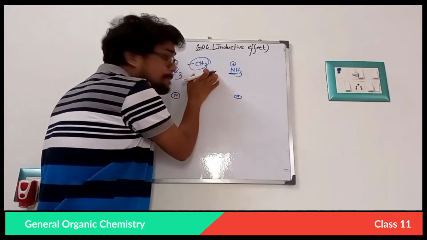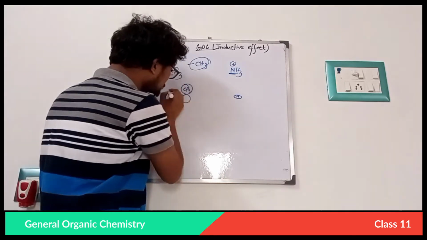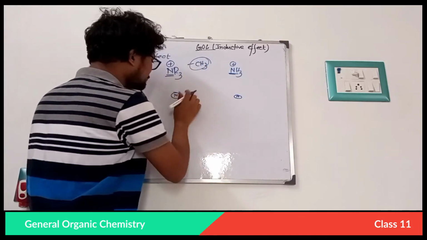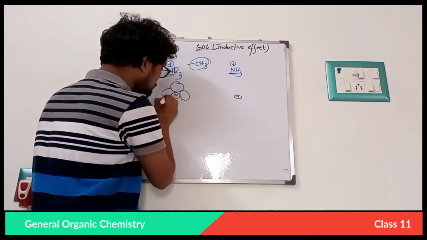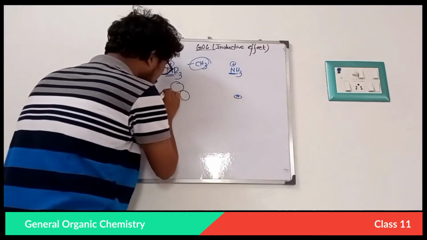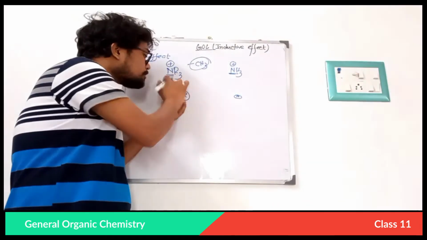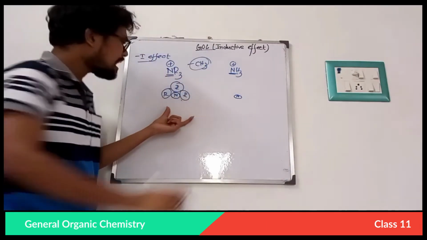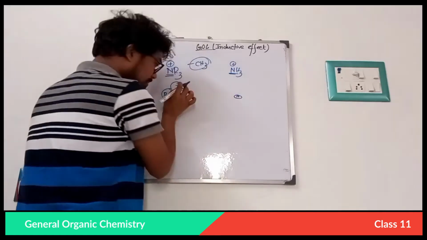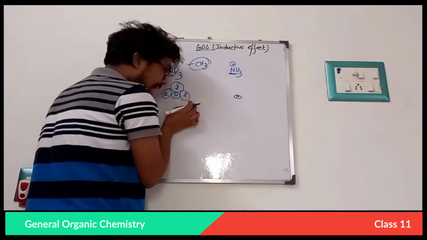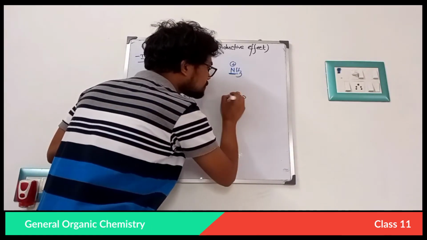Now these 3 alkyl groups are bigger in size than N, and the size of hydrogen is not as big as R. So hydrogen is smaller in size.